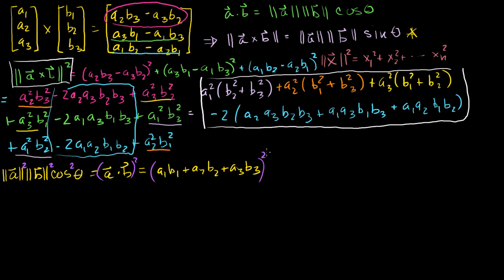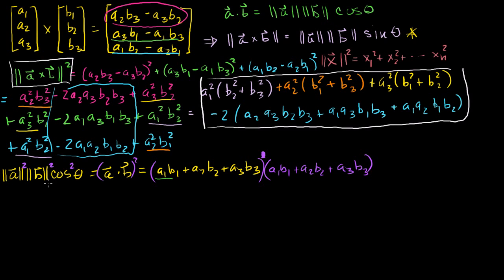For me, it's easier to just write out the thing again. Instead of writing a square, just multiply that times a1 b1 plus a2 b2 plus a3 b3. And let's do some polynomial multiplication. So first, let's multiply this guy times each of those guys. So you have a1 b1 times, well, there, a1 b1.